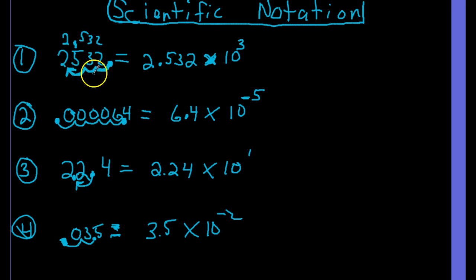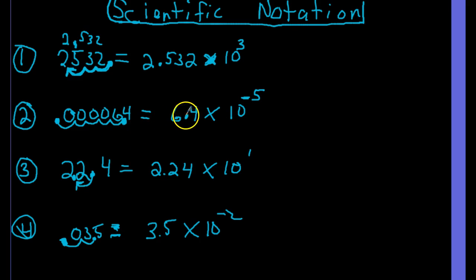This number is greater than 1, and I'll show you an example of the other way. Let's say we had a number of 0.000064. We want, like we said before, a decimal after the first whole number. So we go 1, 2, 3, 4, 5. So 5 spaces to the right.